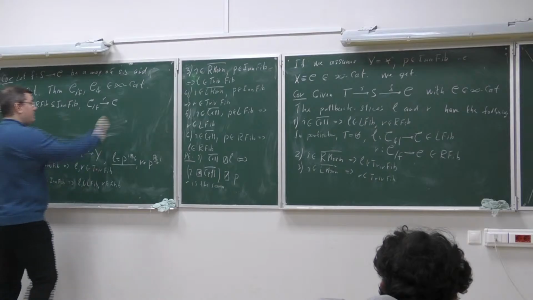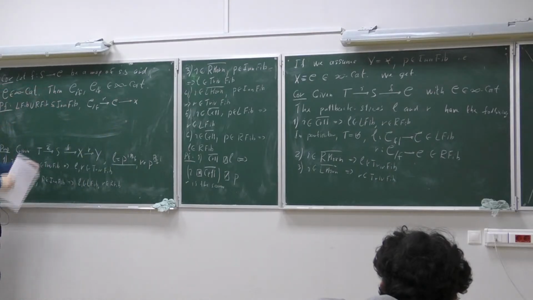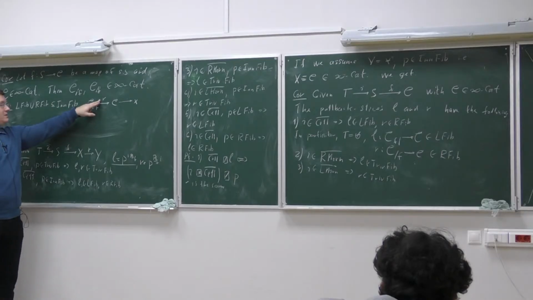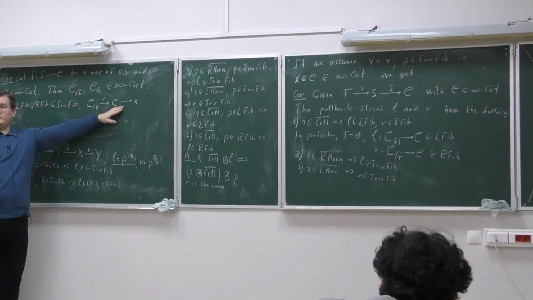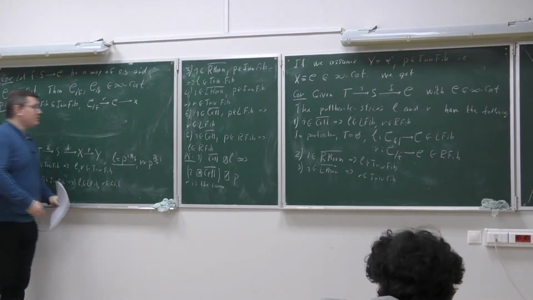And then there is the canonical map to the point. So the observation is that this is a right vibration by the previous corollary, so this is an inner vibration, and this is given to be an inner vibration since C is an infinity category. So this is a composition of two inner vibrations, which is again an inner vibration. Hence, this is an infinity category.